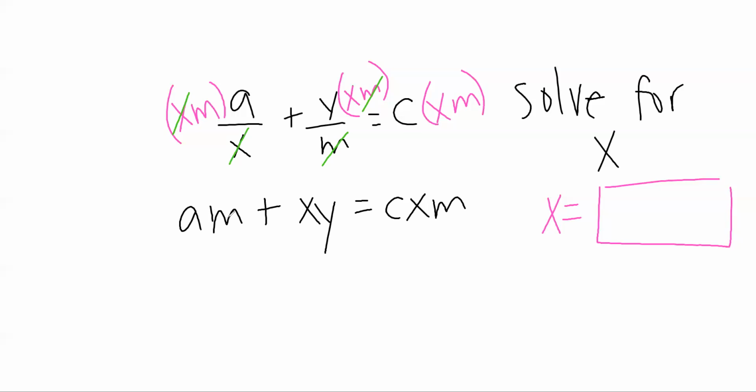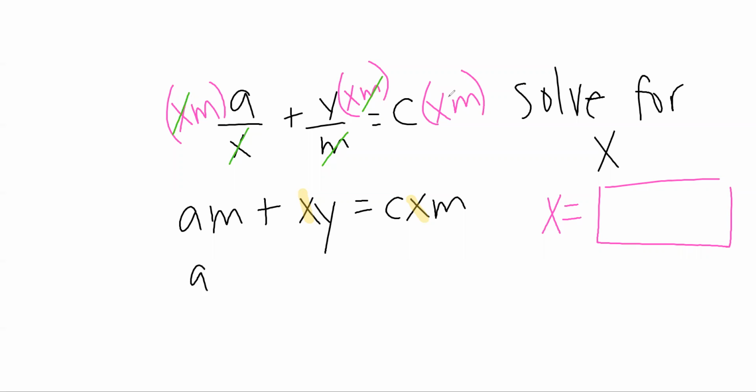So now it's going to be easier for me to get x by itself, except for the fact that I have 2 of them. Here's an x and here's an x, and they are on opposite sides of the equation. That's a problem because I need one x by itself and everything else on the other side. So I'm going to get this x term to the opposite side, hopefully before I have to kill Peyton.